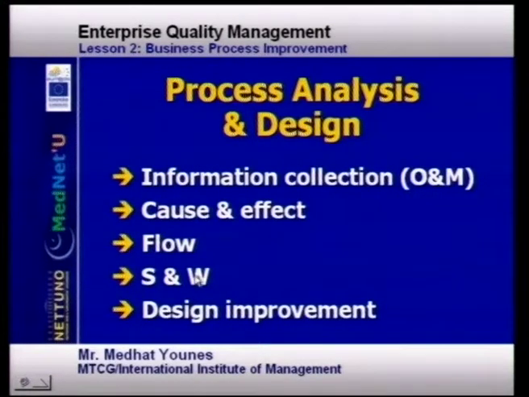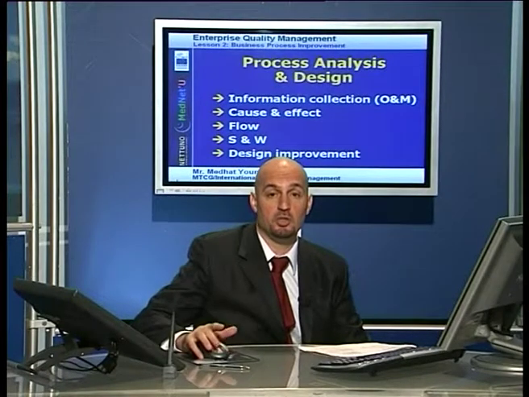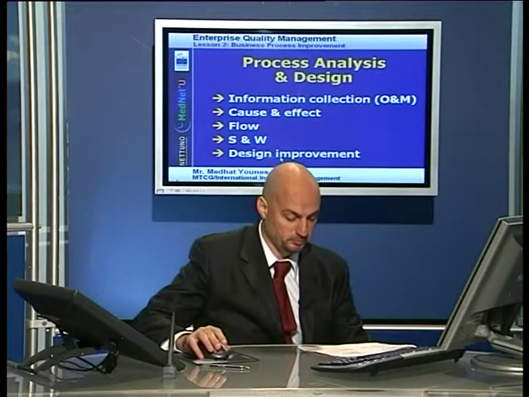And of course, after you have identified strengths and weaknesses, the final step is to conduct design improvement. On an enterprise level, this is done through business re-engineering. If it is a production level, it's done through a production loop improvement.